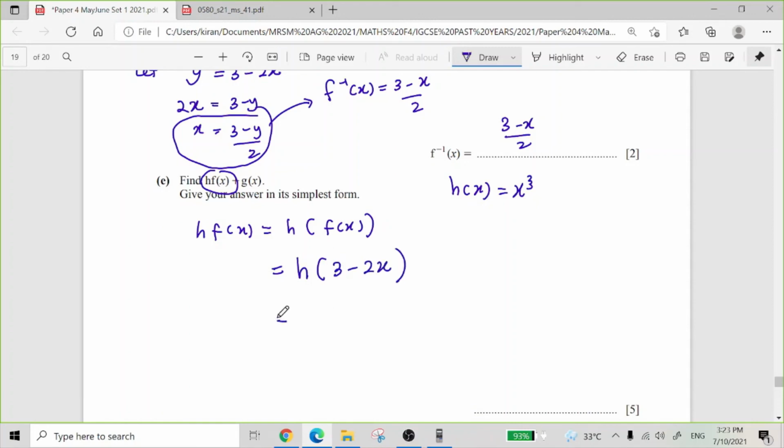Okay, and then gantikan x tu dengan this part. Kita gantikan dia dengan this part. Jadi 3 minus 2x, cubed, in its simplest form. Maknanya apa?